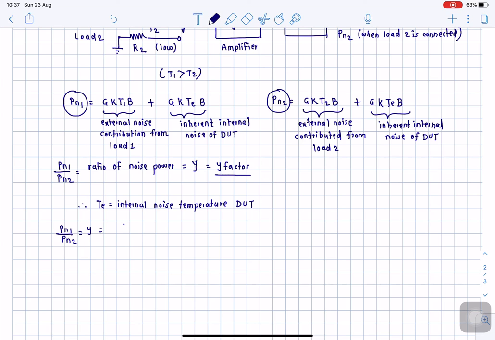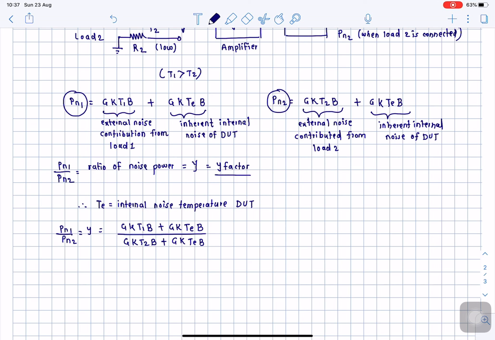So this can be written as G k T1 b plus G k Te b, divided by Pn2, which is G k T2 b plus G k Te b.